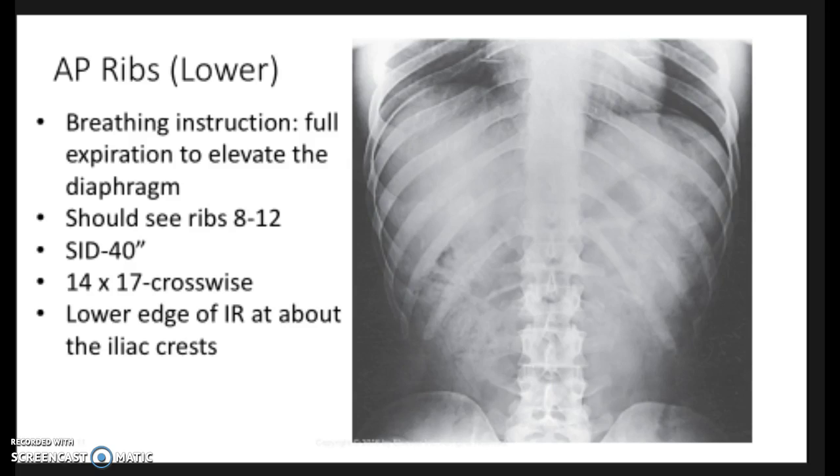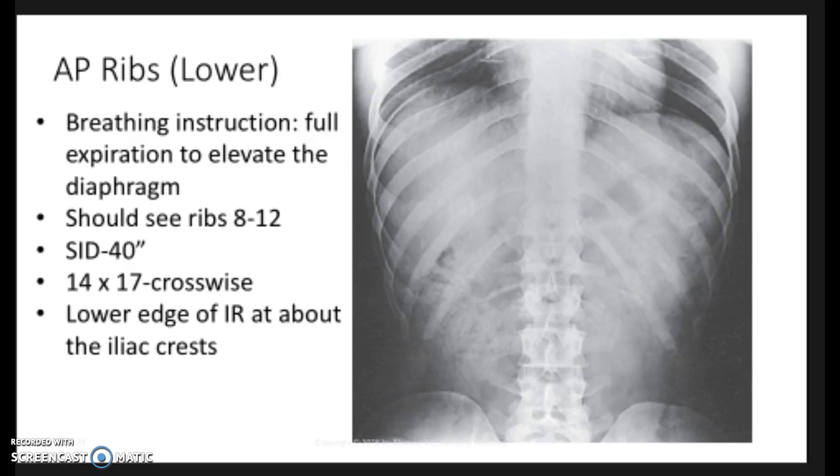You're going to adjust your technique, and you're going to bring your distance into 40. So the shorter SID results in a greater magnification of the anatomic structures that are anterior to the ribs. And also, it's going to result in a better field of view for the posterior ribs that are up against the image receptor.